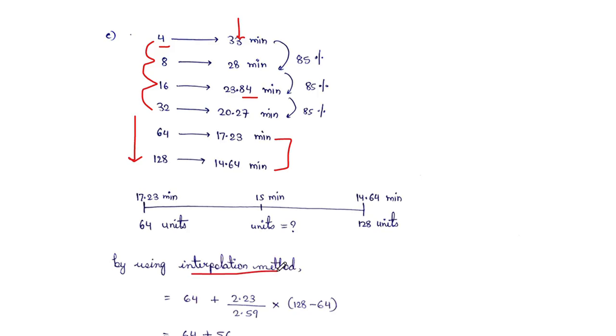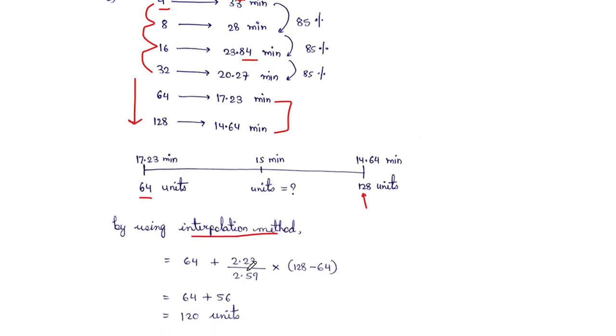Now by using the interpolation method we will find for 15 minutes. Here we can see for 64 units time taken is 17.23 minutes and for 128 unit production, time taken is 14.64 minutes. So what will be the unit for 15 minutes?